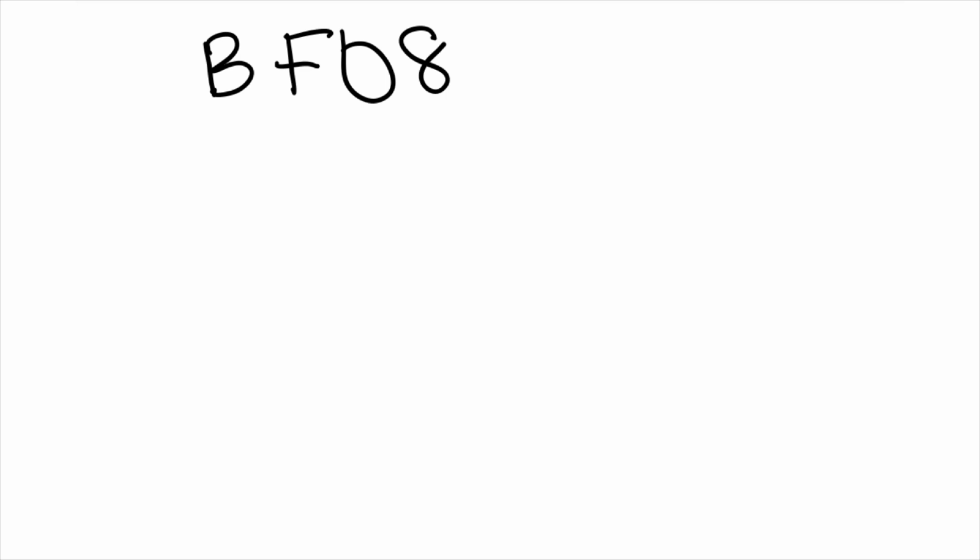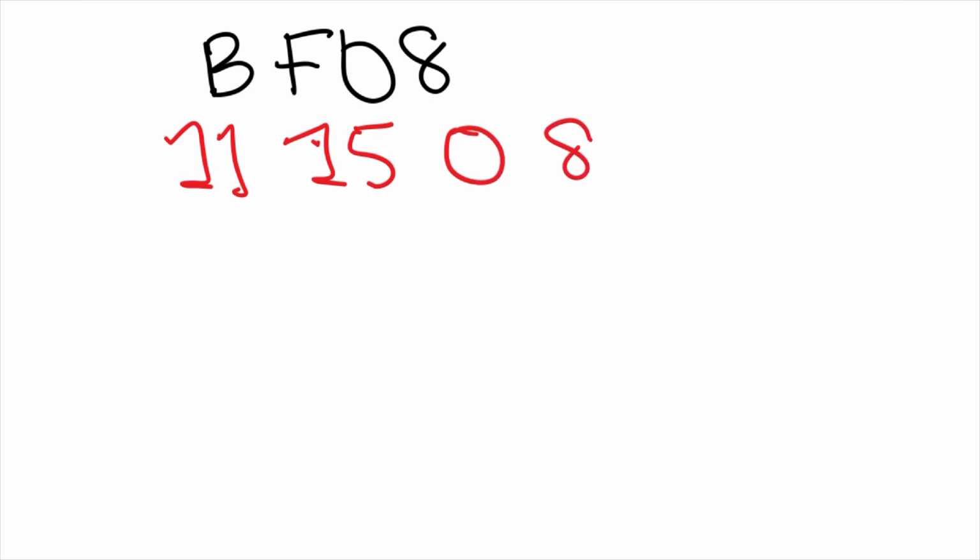In order to do that, first we're going to write the letters as numbers. So we know that B is represented by 11, so we're going to write 11. F is represented by 15, so we're going to write 15. 0, we're going to write as it is. 8, we're going to write as it is.